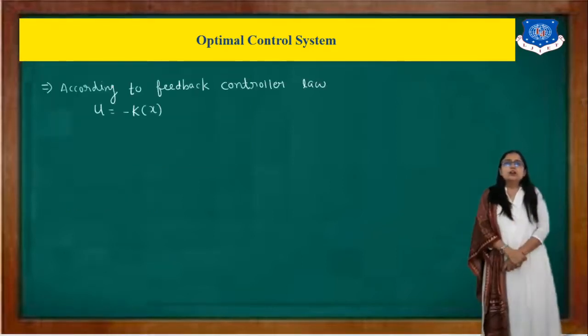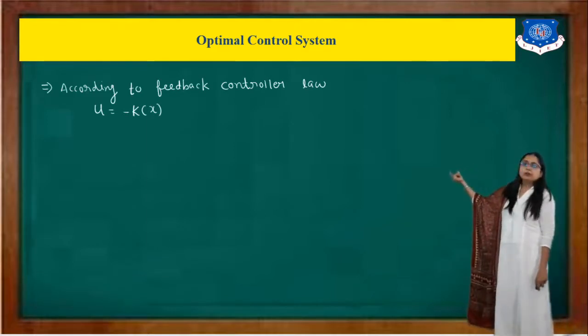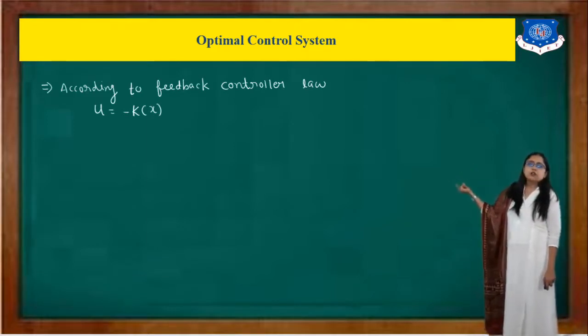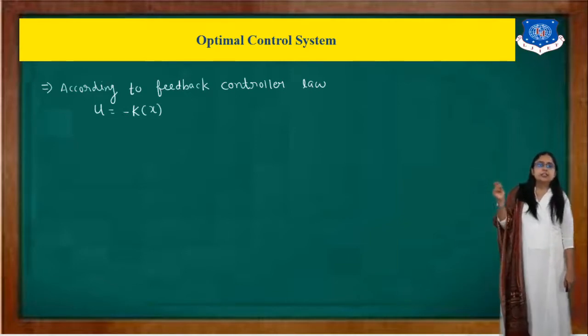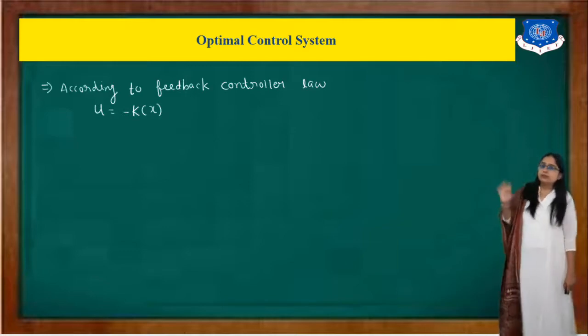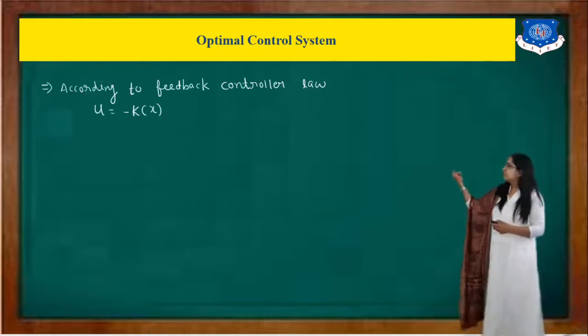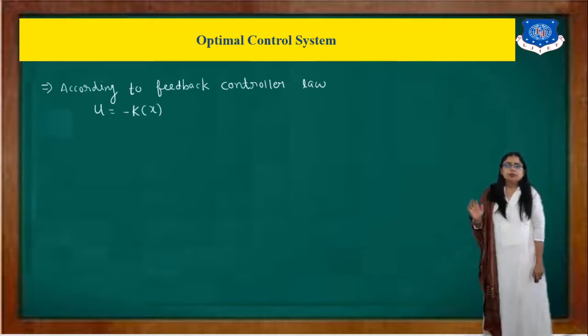Now, according to the feedback controller law, you have to remember this law, that is u equal to minus Kx. U is your input, x is your state variable, and K is some weightage, or we can say some numerical value.